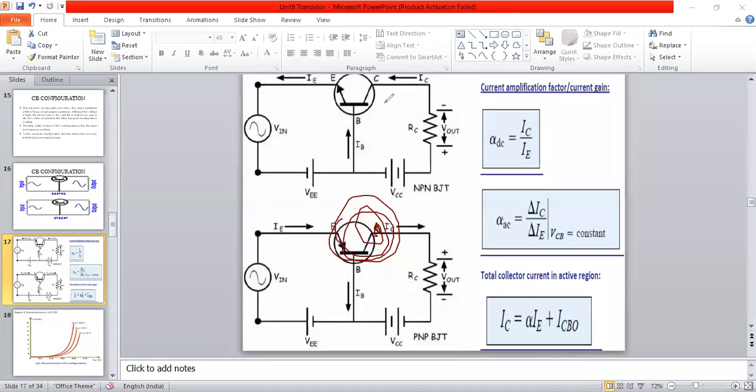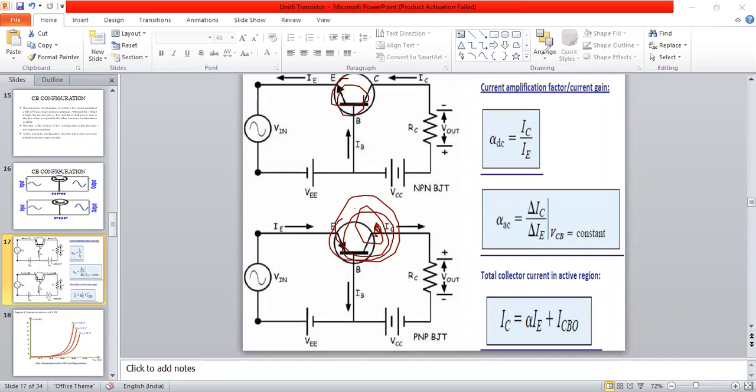For this equation also it is the same. You can consider NPN or PNP, that doesn't matter. The current equation for both NPN and PNP circuits will be the same only.